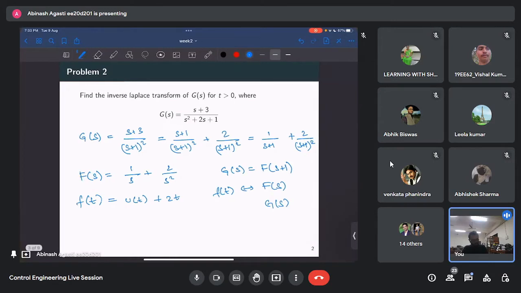So since we are having F(s+1), we'll have to multiply e to the power minus t. So the actual thing g(t) is equal to e to the power minus t (1 plus 2t) u(t).